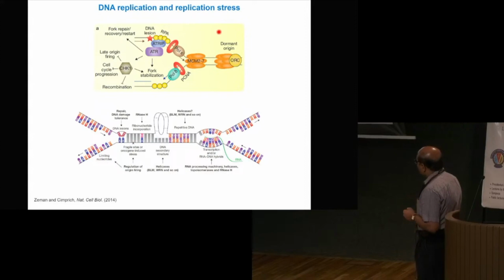Template damage in the DNA, dNTP alterations, secondary structures like G4 structures that form a roadblock, and transcription-replication collisions all lead to replication stress in the genome.